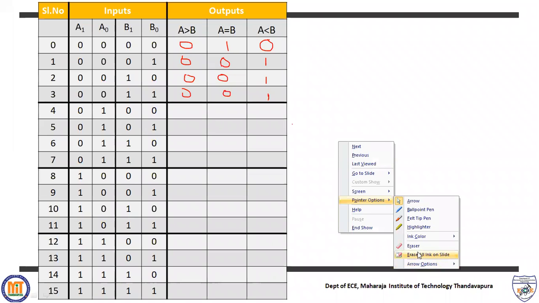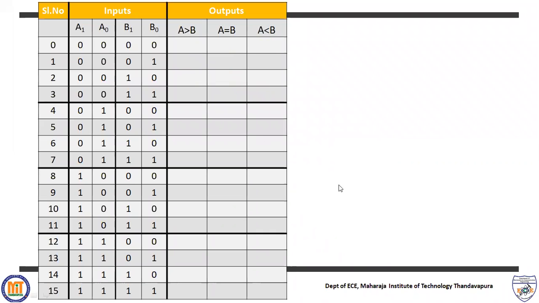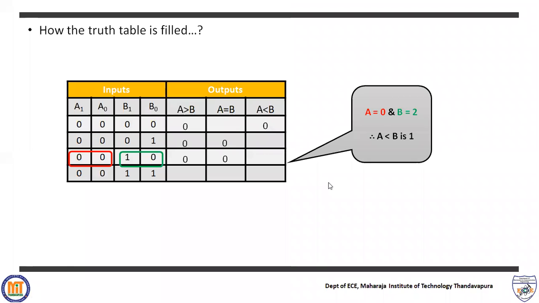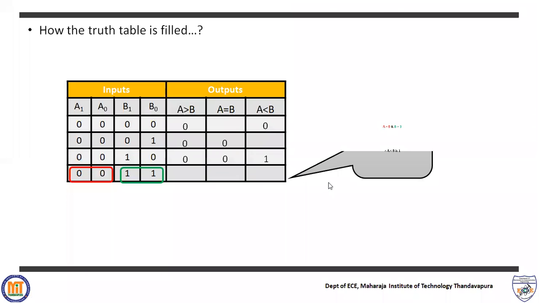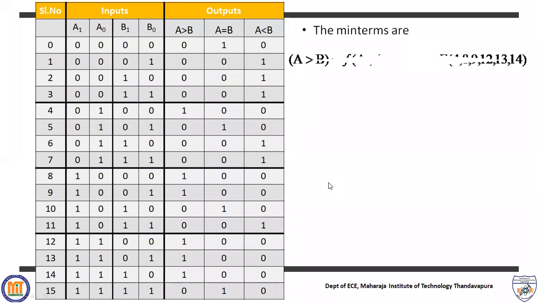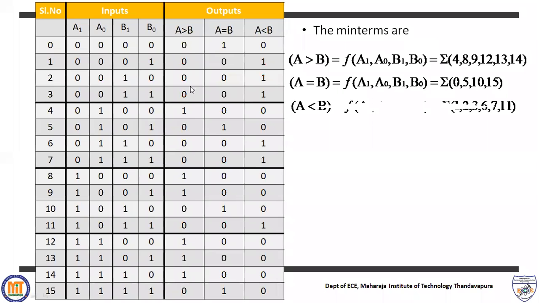Once you have filled the complete truth table by employing this logic, your truth table will be like this. Once we have the output columns filled, we are going to write that in the shorthand notation form.